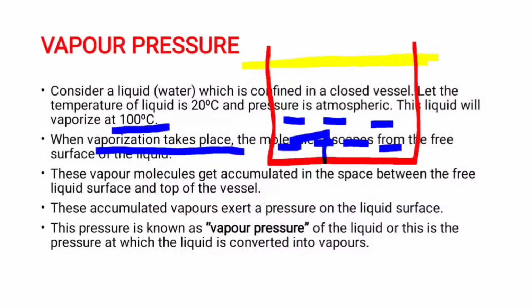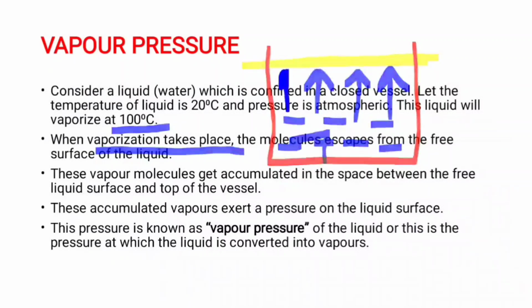Molecules escape from the free surface of the liquid. Since the vessel is closed, these vapor molecules get accumulated in the space between the free liquid surface and the top of the vessel. These accumulated vapors exert a pressure on the liquid surface.